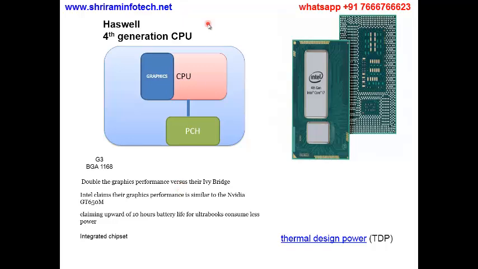There is no need of North Bridge, South Bridge, PCH, graphics, clock. No need. Everything is integrated into the CPU. Okay. And the CPU is soldered. So it's double graphics performance, with integrated graphics and integrated chips, and it's better performance.